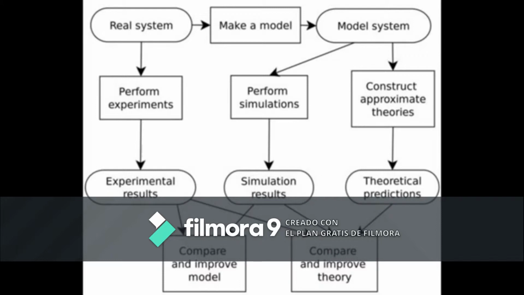Like if we follow real system, then we go to perform experiments, and then to experimental results, it would be compare and improve model, or it can also be compare and improve theory. So depending on what you follow is what you're going to have as a result.